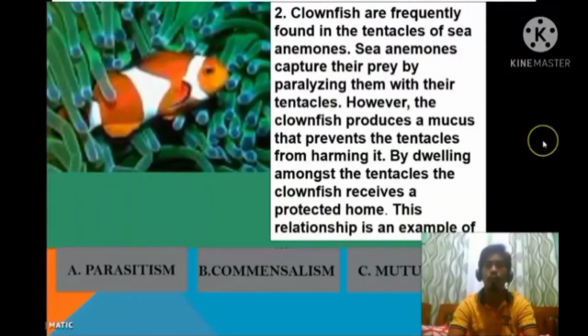Okay, for number 2. Clownfish are frequently found in the tentacles of sea anemones. Sea anemones capture their prey by paralyzing them with their tentacles. However, the clownfish produces a mucus that prevents the tentacles from harming it. By dwelling amongst the tentacles, the clownfish receives a protective home.